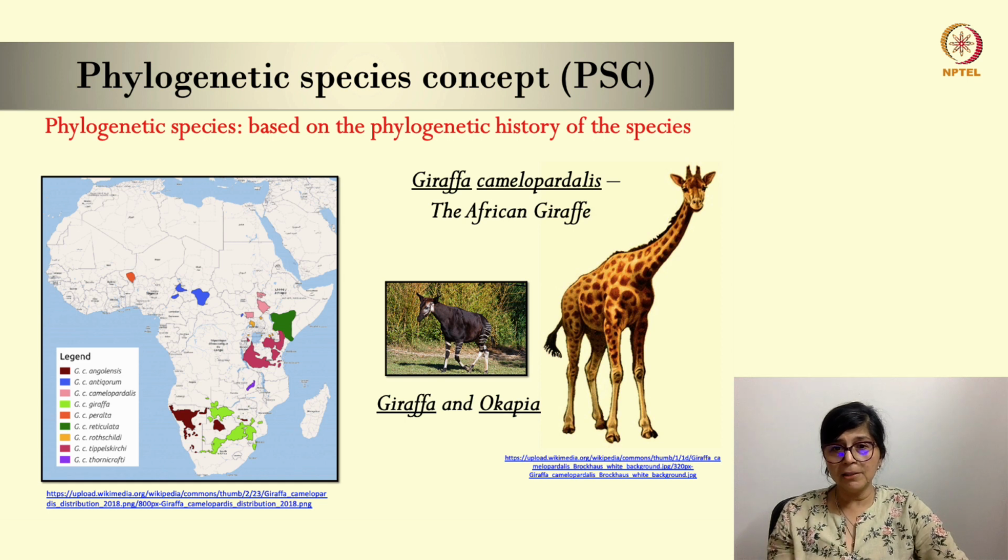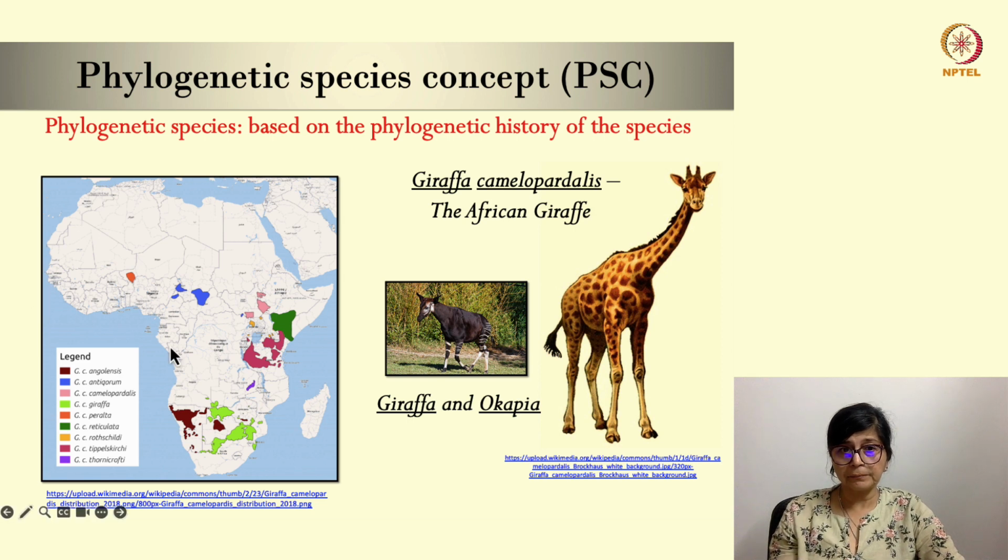And Okapia, as you see in the picture here, is a very nice, beautiful animal. But this genus is found nowhere else in the world other than the Republic of Congo. Okay? Only in this area.